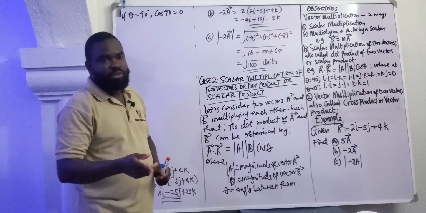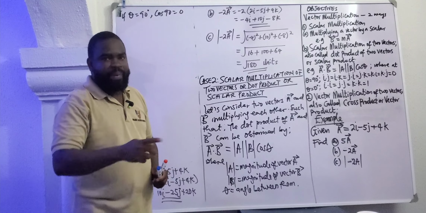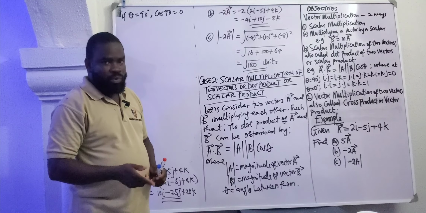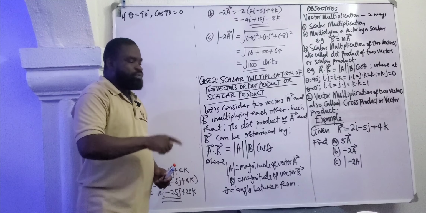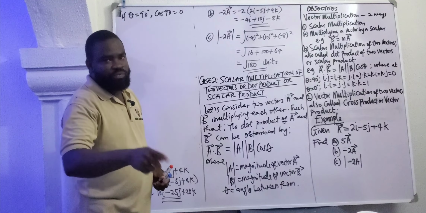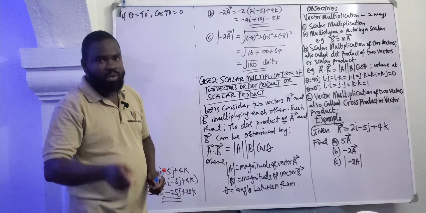If you are asked to show that two vectors are perpendicular to each other, what you have to do is the dot product of the two vectors. If the result gives you 0, it means they are mutually orthogonal, or mutually perpendicular to each other. But if the dot product does not give you 0, it means they are not perpendicular to each other. That's the one point you need to take note of here.